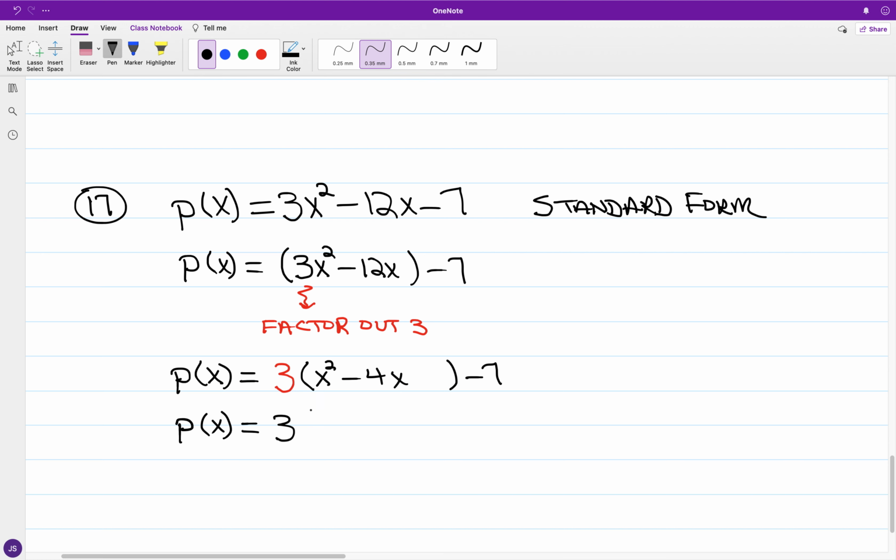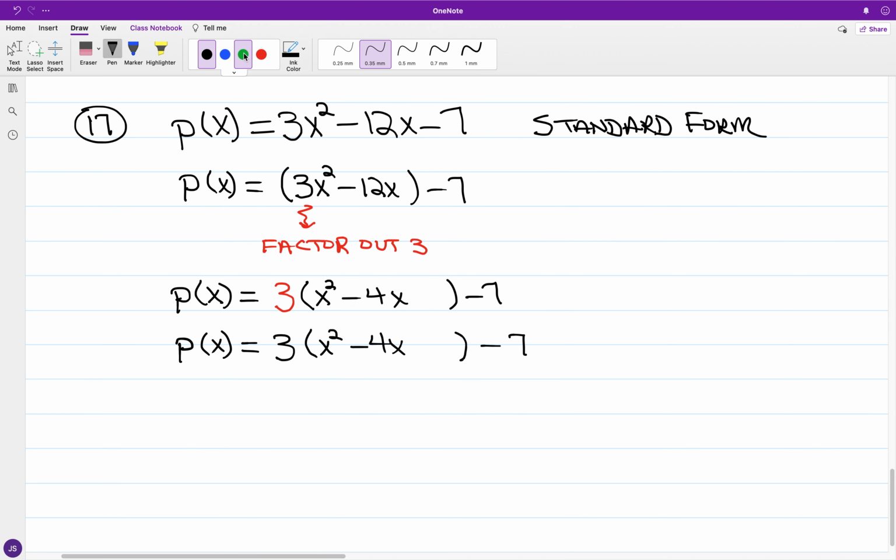So this is going to be our backdrop to complete the square. I'm going to add a constant to x squared minus 4x to lead to the formation of a squared trinomial. The leading term inside the parentheses is x squared.